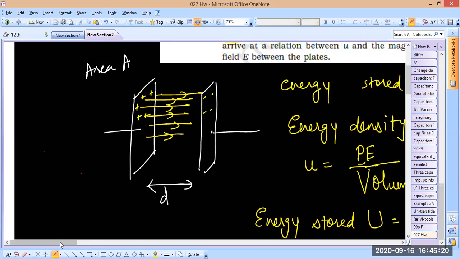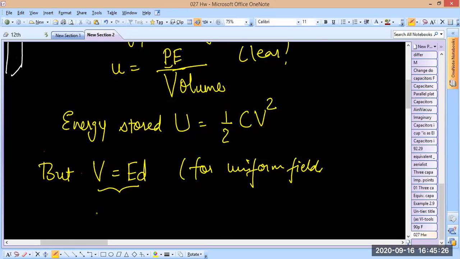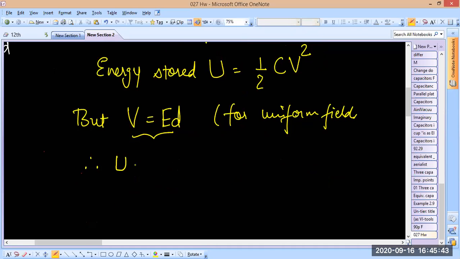So coming back to this point, what we have is that V is equal to Ed. So if I put it over there, what do we want to get? Potential energy per unit volume. So this is going to be u is equal to 1 by 2 into C.